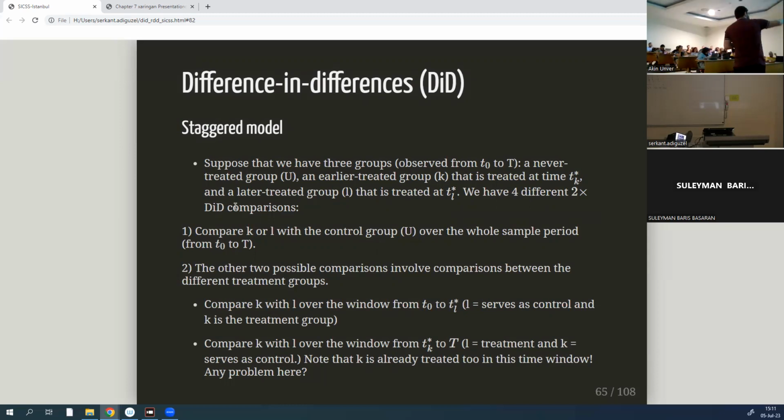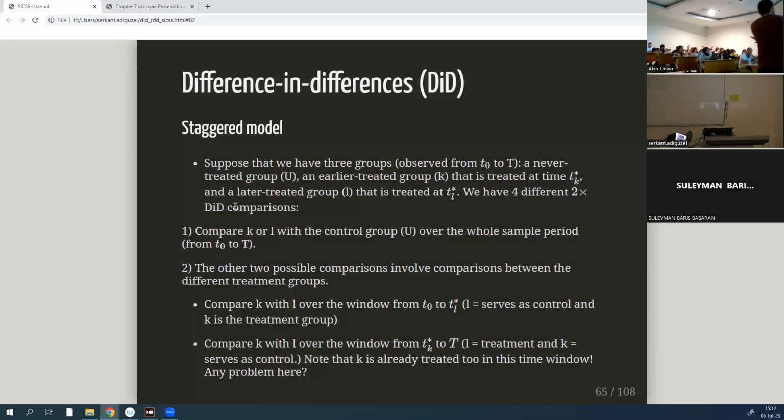The problem is when you do two-way fixed effects, some comparisons are bad comparisons. For instance, if you compare K, the early treated group, with L, the late treated group, from the window K0 to T0 to L, here L serves as control, and K is the treatment group.